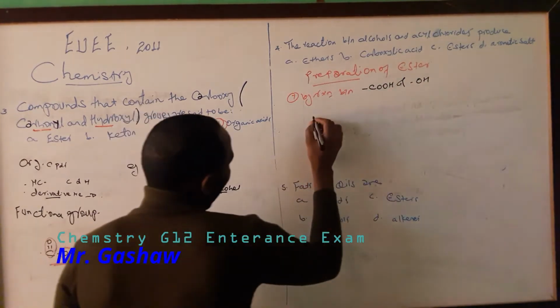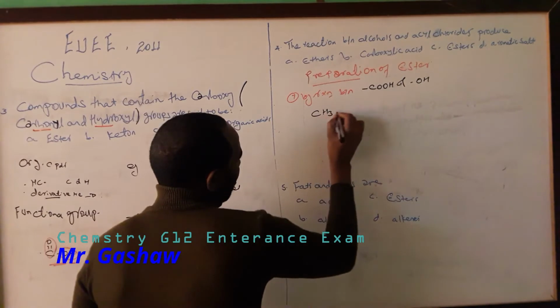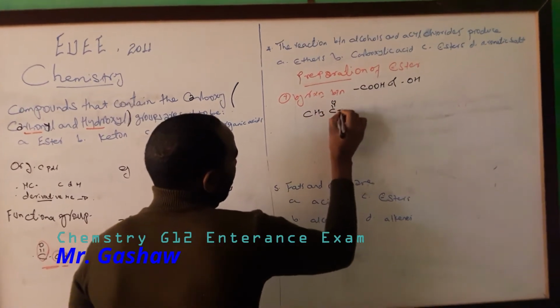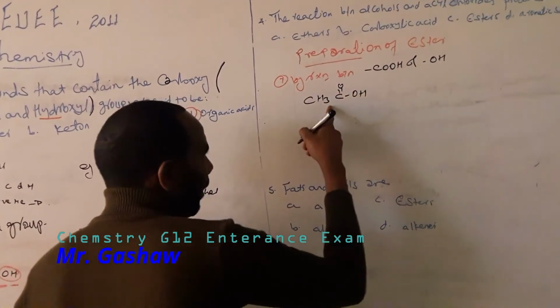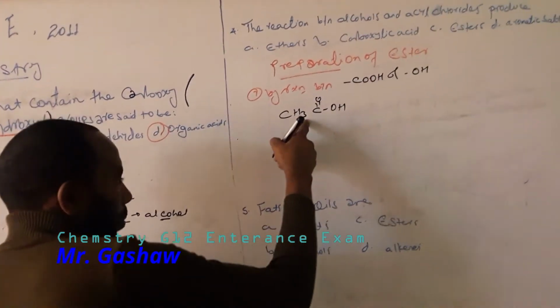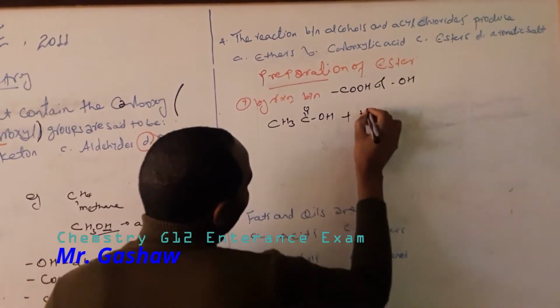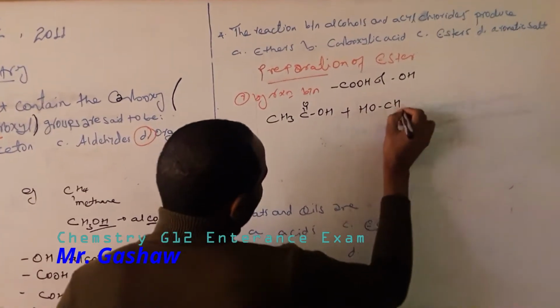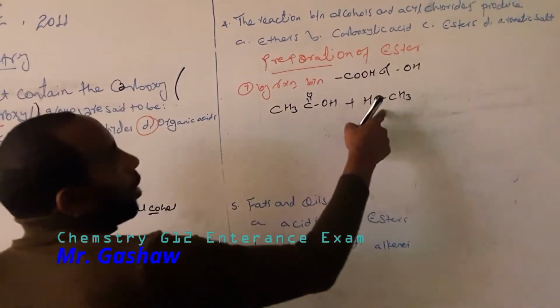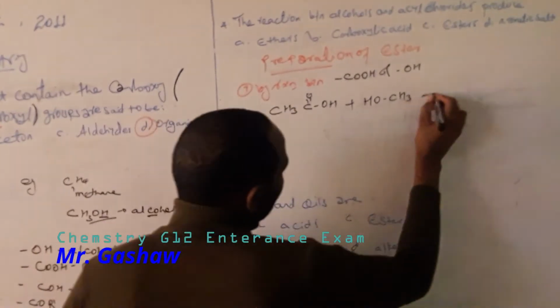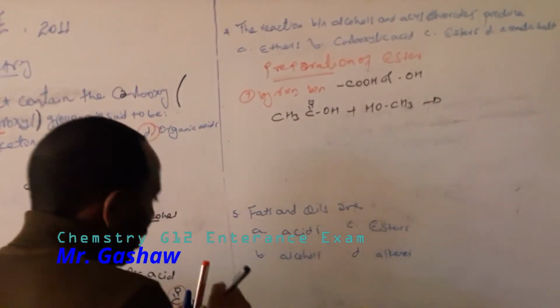Here is one example: a carboxylic acid, ethanoic acid, that reacts with the simplest alcohol, methanol.